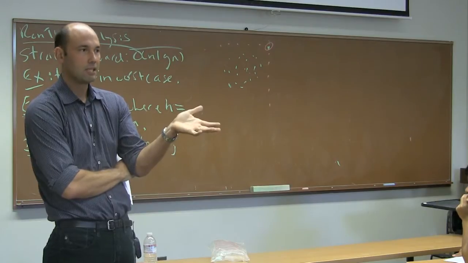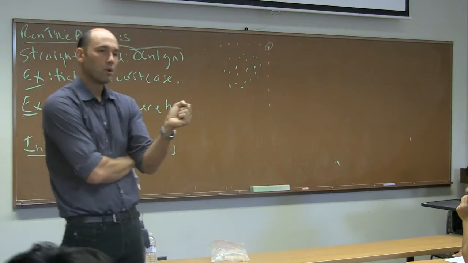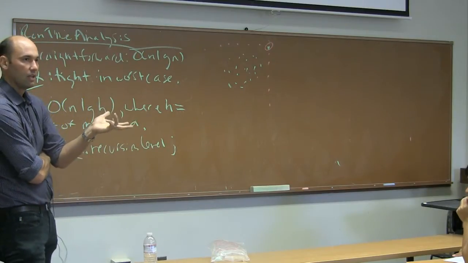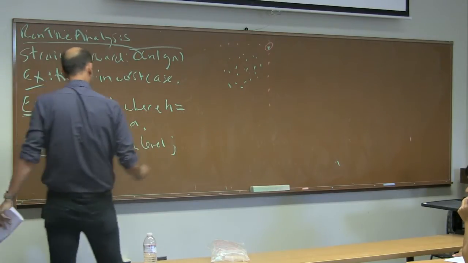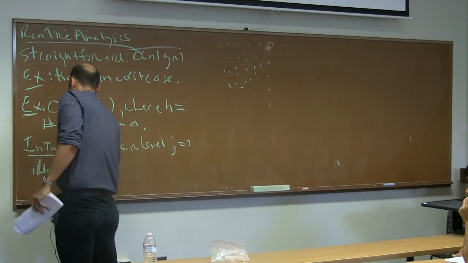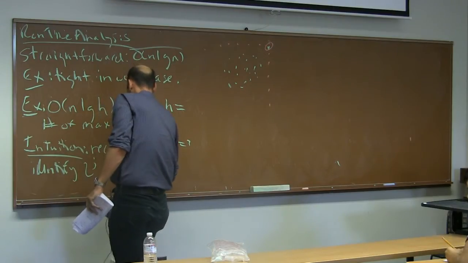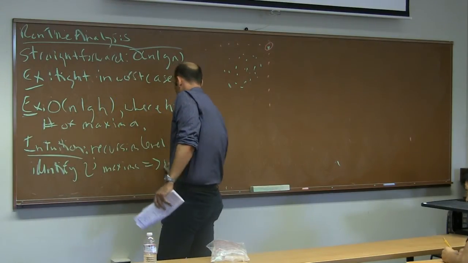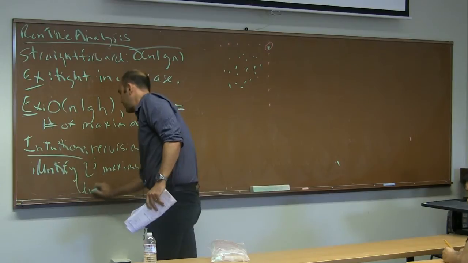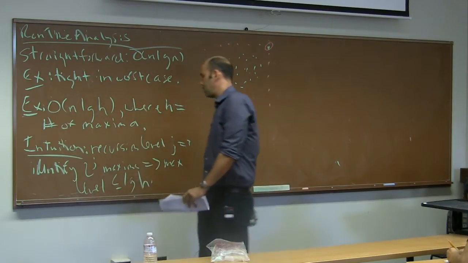Because there aren't more than h maxima to contribute. Okay? And the work per recursion level is linear, just like it is in, say, merge sort. So identify 2 to the j maxima. So the max recursion level is at most log h.